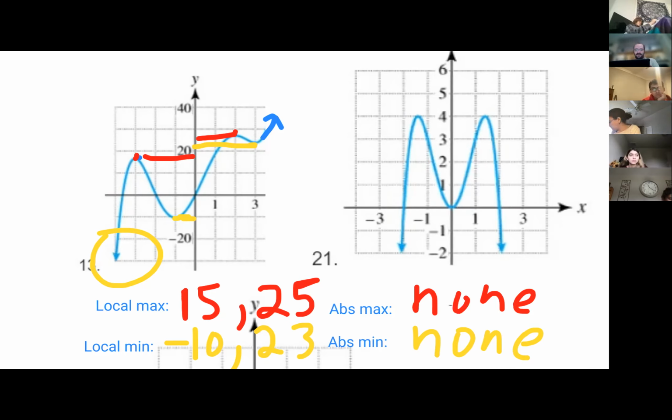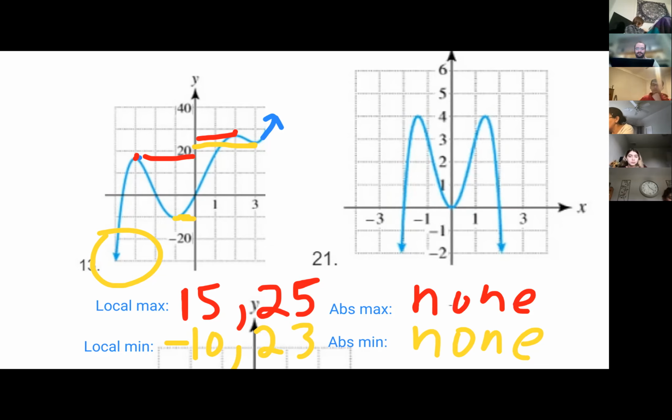So we have one where x is like -1, giving us the -10. And then we have another one that's like 3, 23. That's also giving us another min. So the mins are the y values of those points, which are the -10 and the 23.